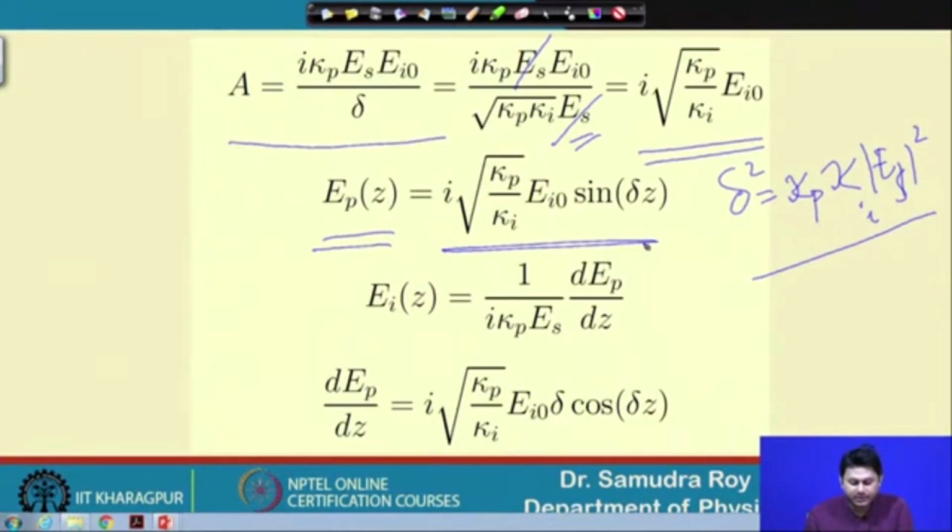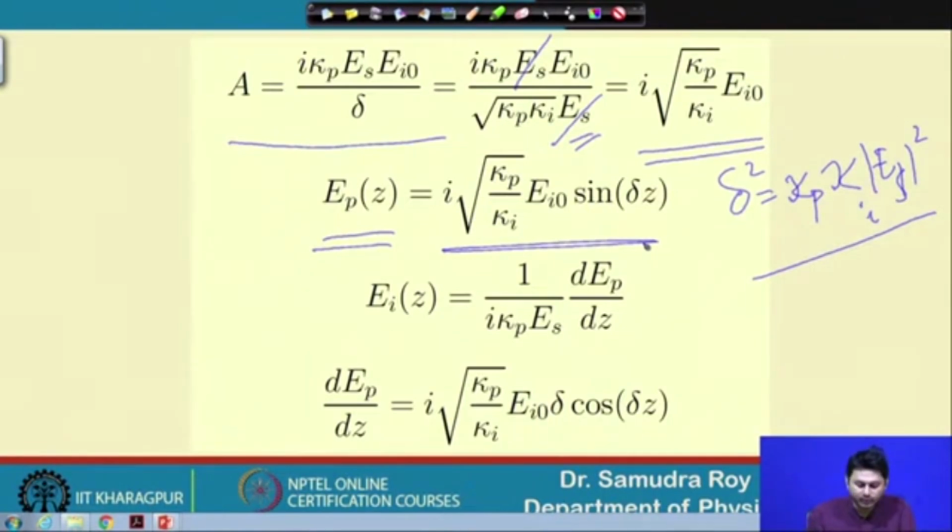But at the same point we need to find out how the idler is evolving, because the signal is constant here. So, the signal is not going to change. The signal is feeding these two fields, pump and idler. Once pump and idler are fed by this signal field, both of these will evolve. So, we need to find out how Ei is also evolving.